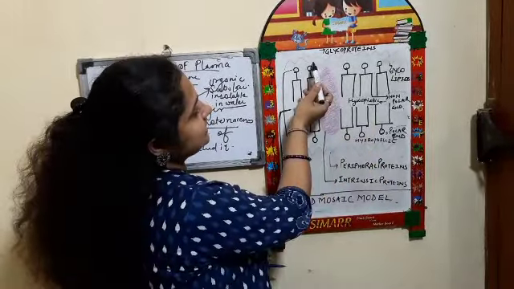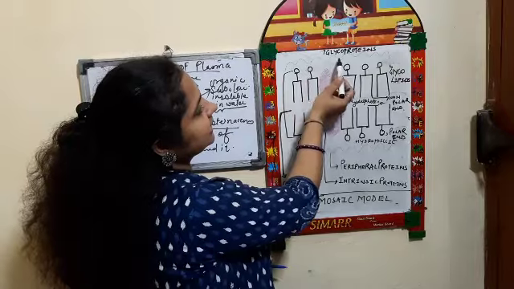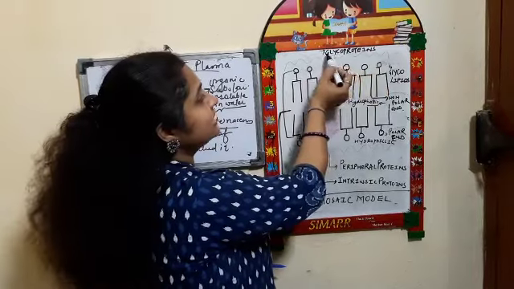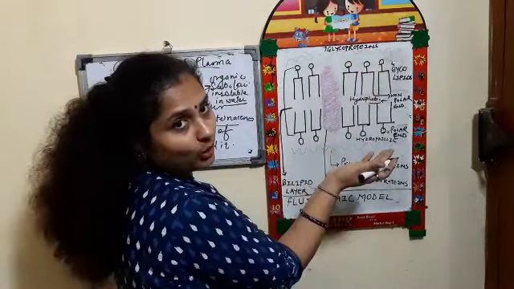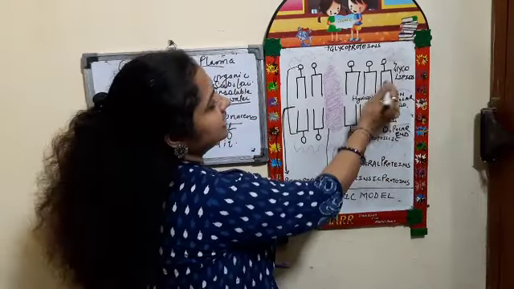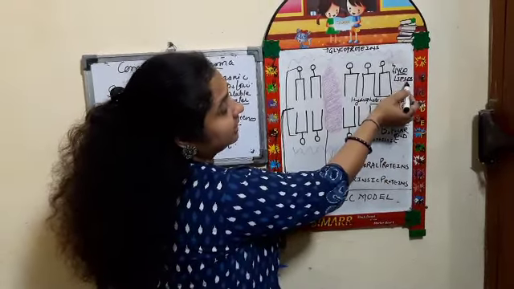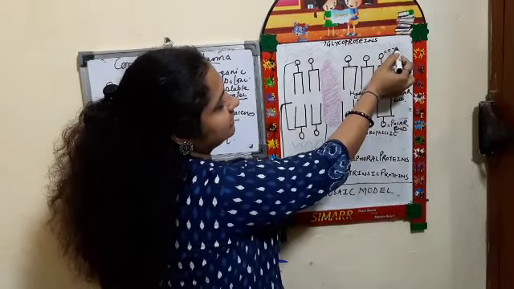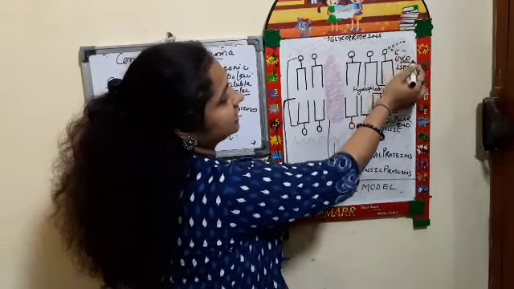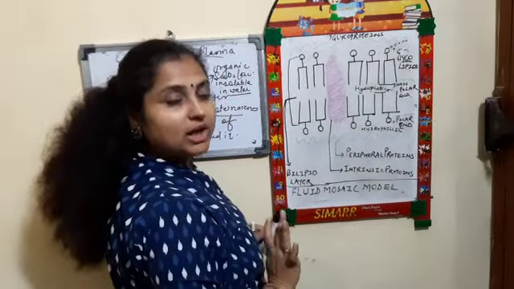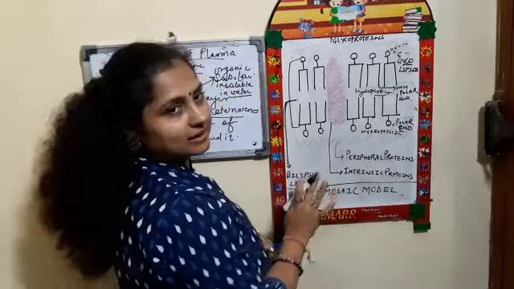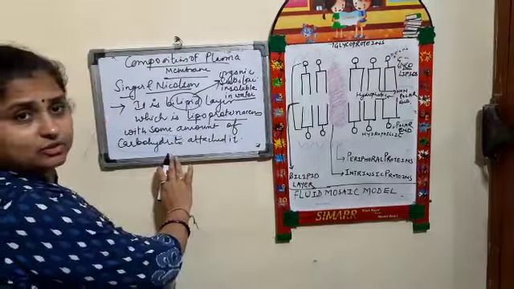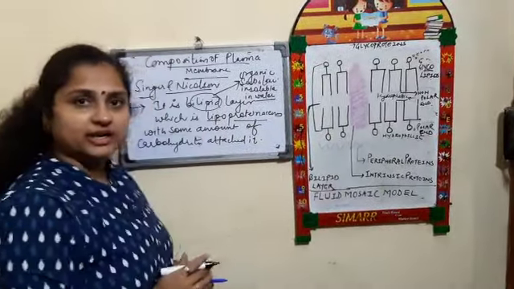You can see some of the carbohydrates are attached with these proteins. That's why they are called glycoproteins. And some are attached with the lipids. In these lipid molecules, some carbohydrates are attached. And that's why they are called glycolipids. We discussed this earlier also. So things are clear to you.